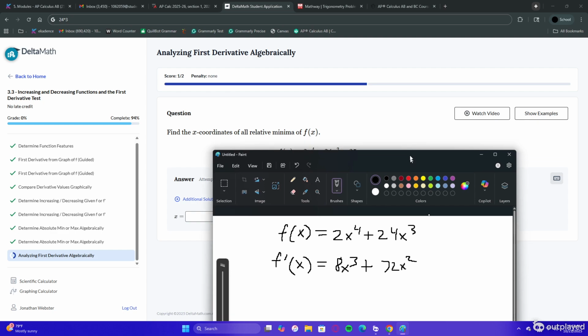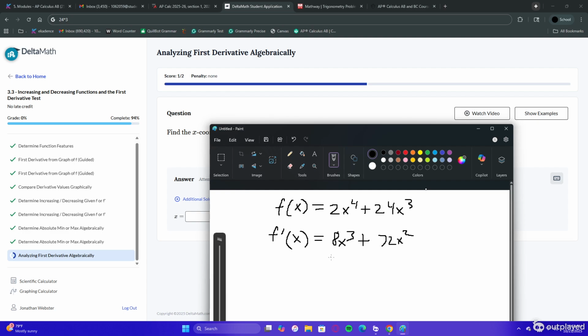And if you take out 8x squared, then you'd be left with x plus 9. So here our x would be 0 and negative 9.